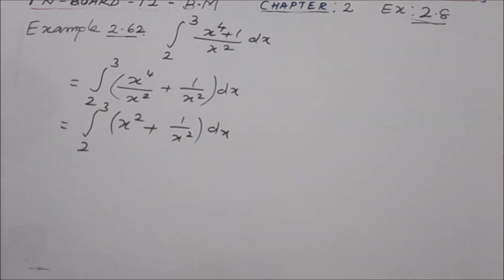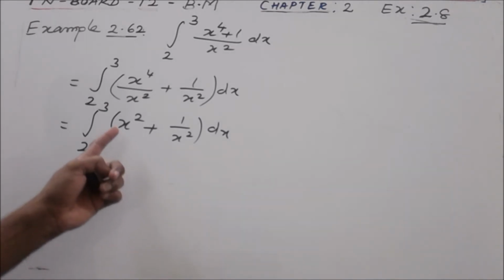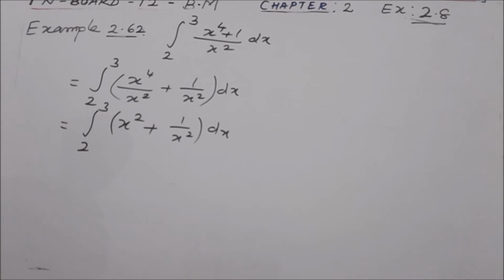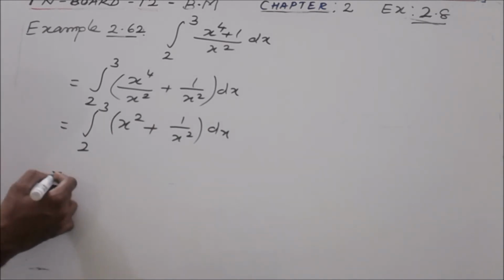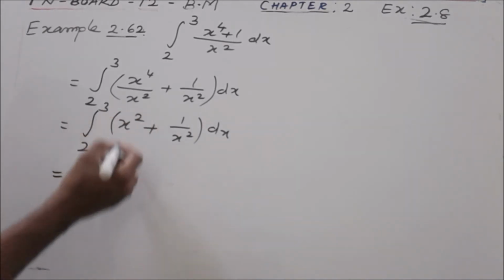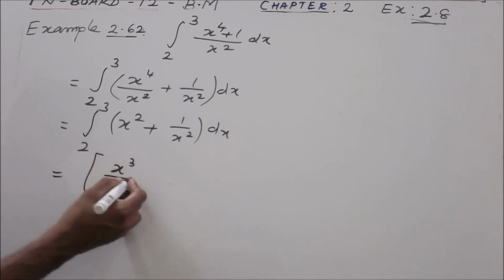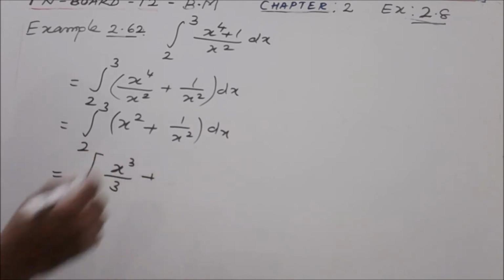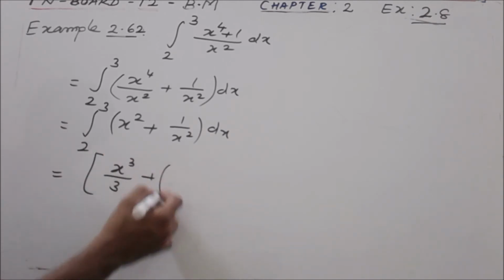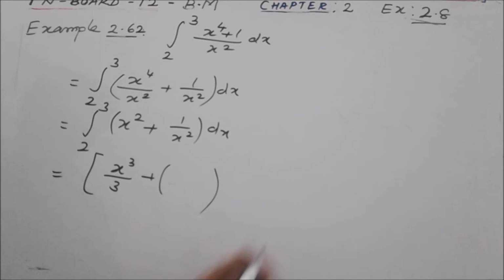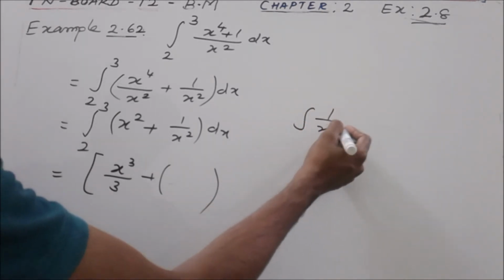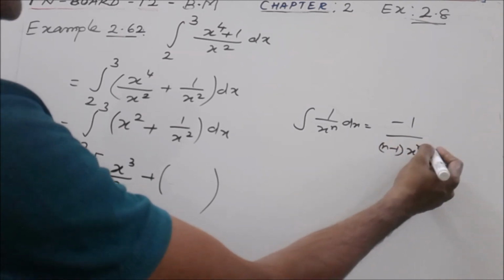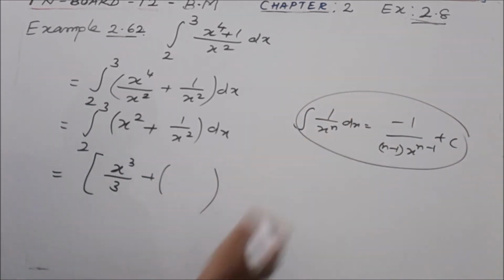We can directly integrate because these are two different functions. We have direct formulas to integrate these two functions. The first one is integrating with the x power n formula, x power n plus 1 by n plus 1, so x cube by 3 plus, for 1 by x square, the 1 by x power n formula: integral 1 by x power n dx is equal to minus 1 by n minus 1 x to the power n minus 1 plus constant of integration c.